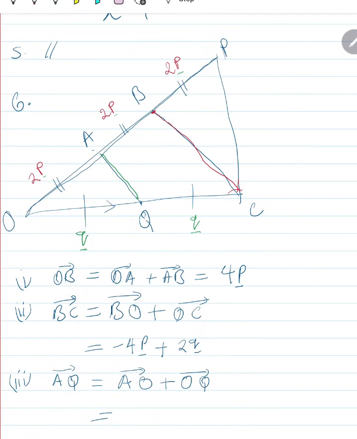So I'll just indicate the direction is this side, so the opposite direction will be negative 2P, then plus OQ. OQ is just the given direction, which is Q.